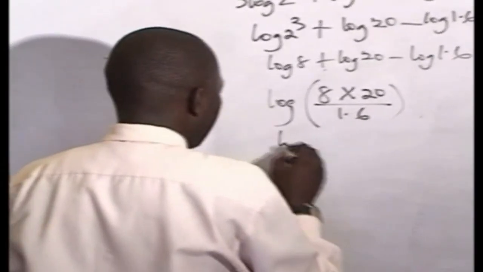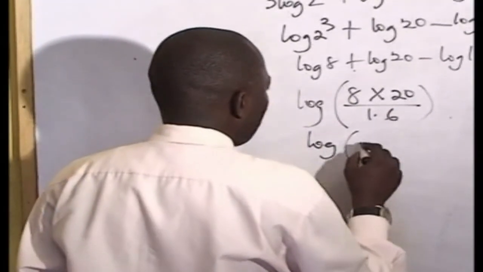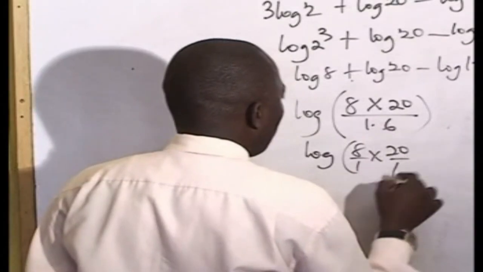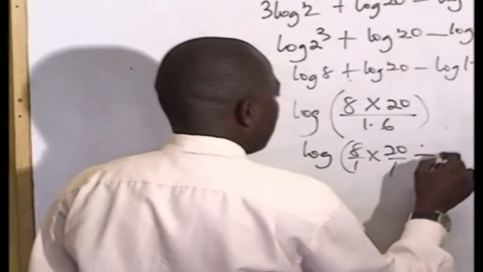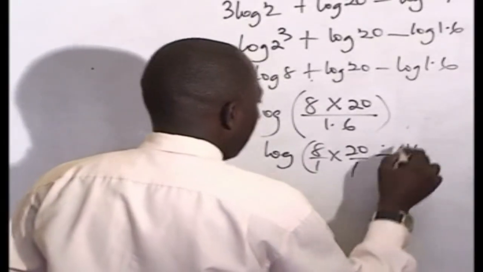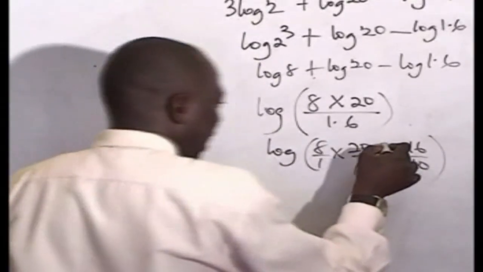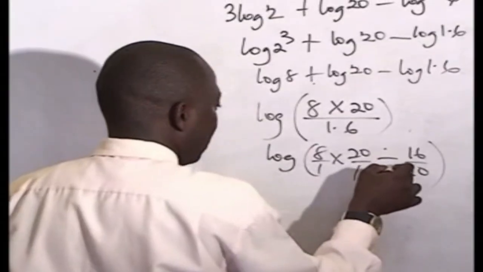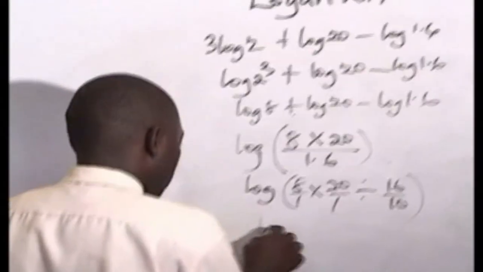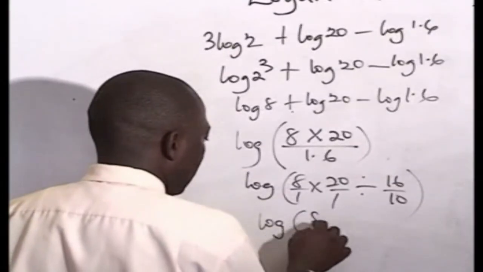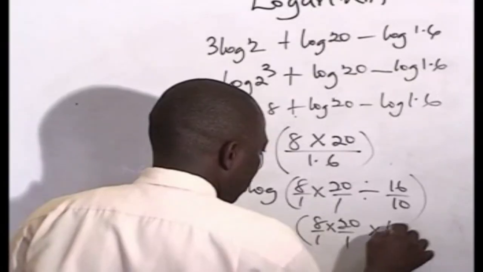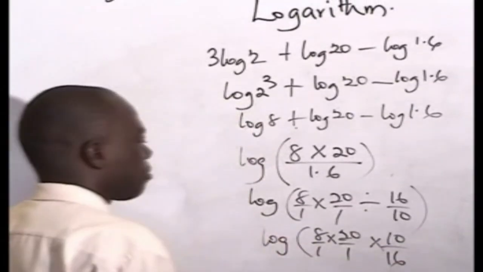Again, this can be re-expressed as logarithm of 8 over 1 times 20 over 1 divided by 1.6, which can be written as 16 over 10. To change this division sign to multiplication, you reverse the fraction, just like we have done in one of the examples. So we have 8 over 1 times 20 over 1 times 10 over 16.